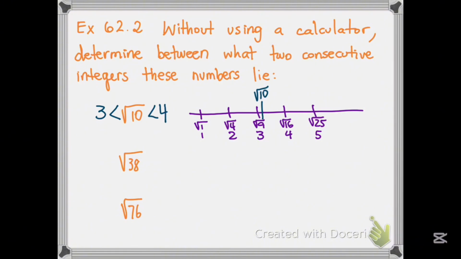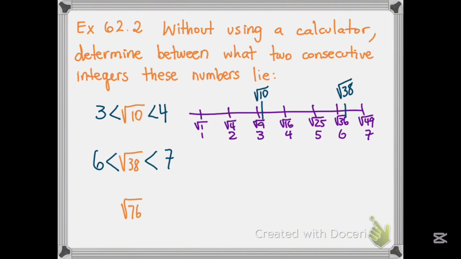For the next one, we have the square root of 38. So we'll continue here. The square root of 36, which is 6. Square root of 49, which is 7. And again, it's easy to see that 38 is somewhere here because it's between the square root of 36 and the square root of 49. So the 2 numbers are 6 and 7. Those are the 2 consecutive integers.